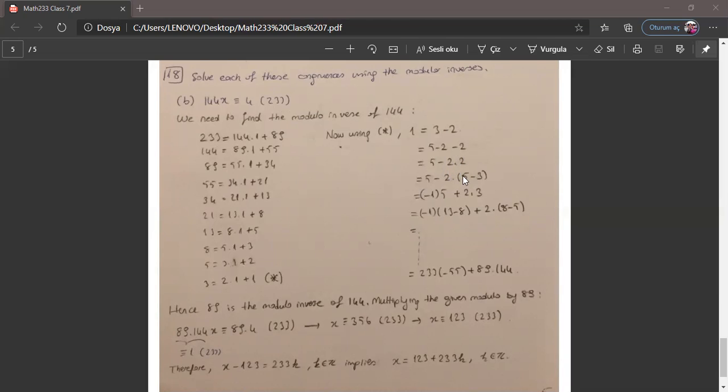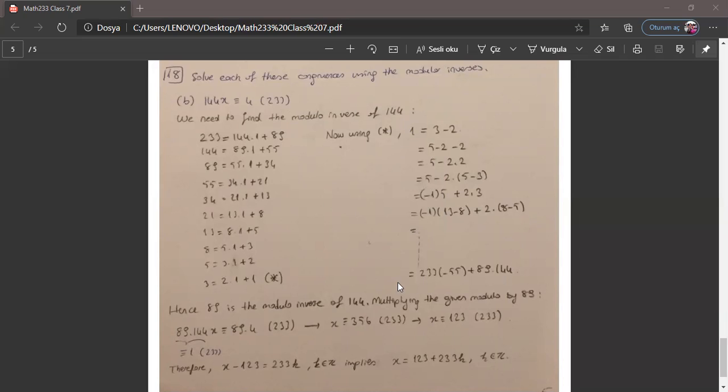Then instead of 2, again we write 5 minus 3 and get minus 1 times 5 plus 2 times 3. Then instead of 5, we write 13 minus 8, and instead of 3, we write 8 minus 5. We do the same for a few steps, then obtain this equality finally.